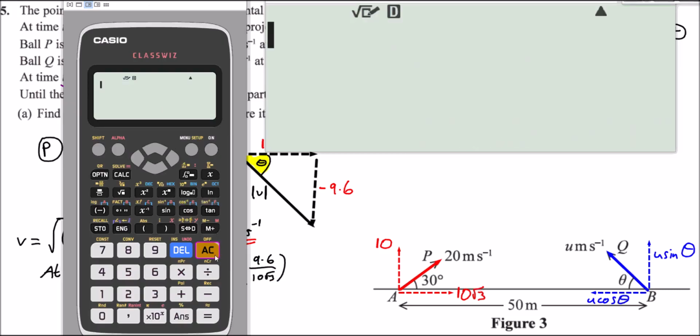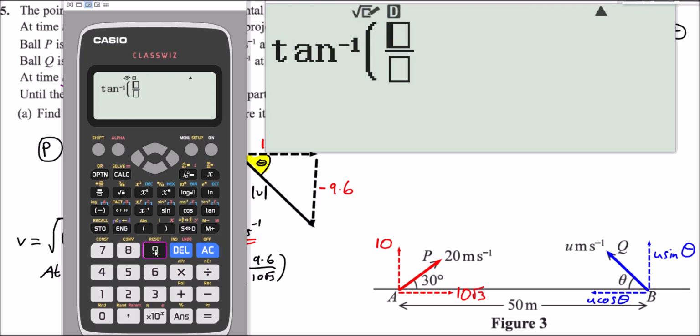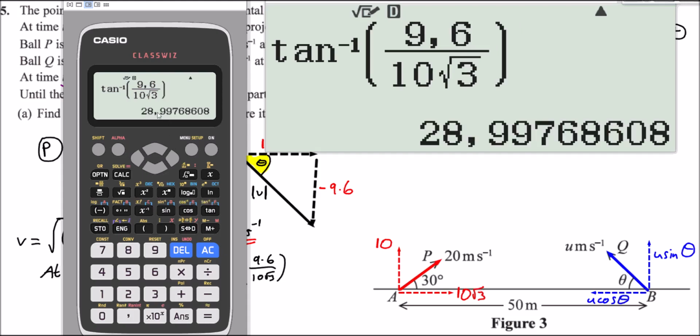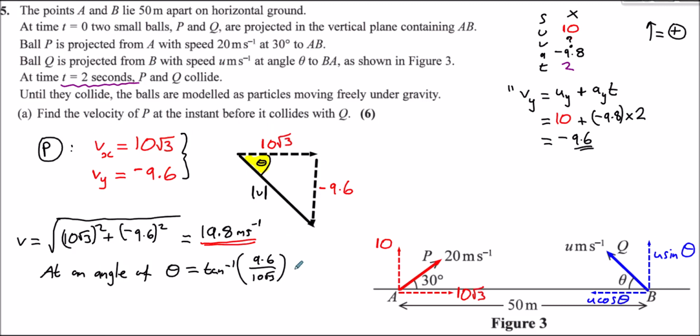So bash this into the calculator, shift tan, 10 minus 1, 9.6 over 10 root 3. Whoops, done the bracket there, I want it there instead. So I get there 28.99, essentially 29 degrees.